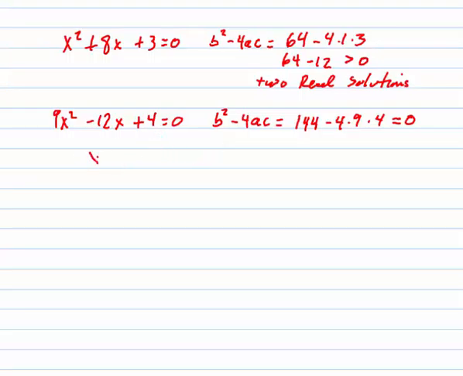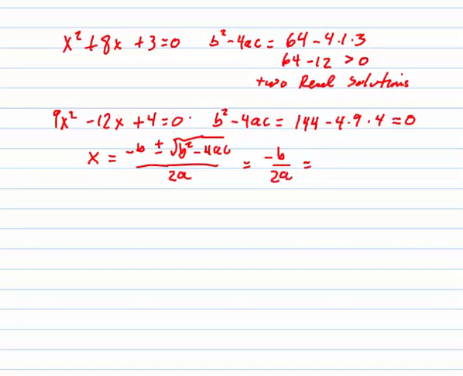And let's get the solution. x is equal to negative b plus or minus the square root of b squared minus 4ac all over 2a. Well, b squared minus 4ac is 0, so it's just equal to negative b over 2a, which is a positive 12 over 2 times a. a is 9, so that's 18.